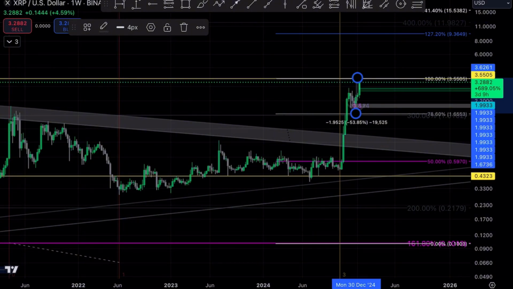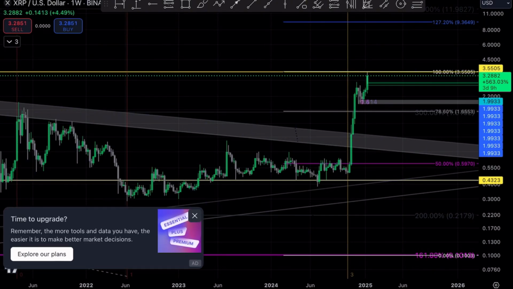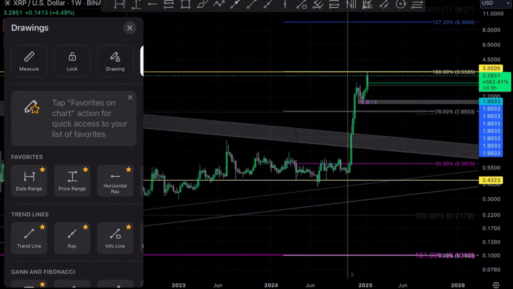So what was the other thing? Because if you think about it, from the time it started running, it's almost done over 500, almost 547% gain already, right?